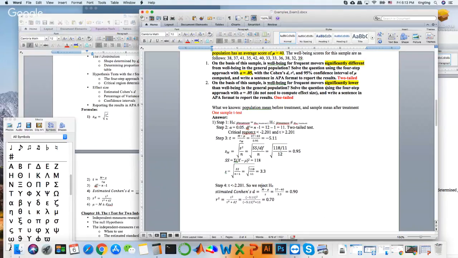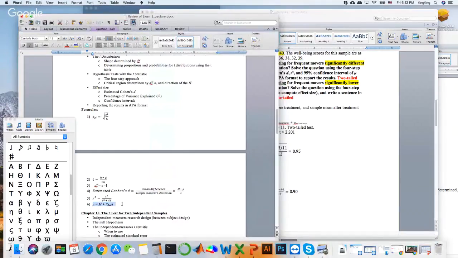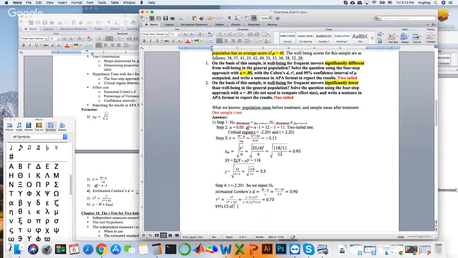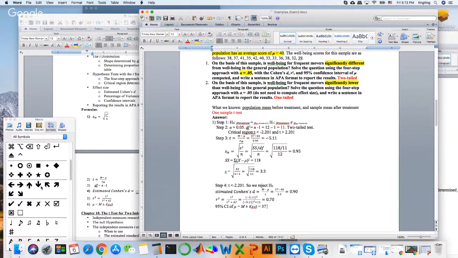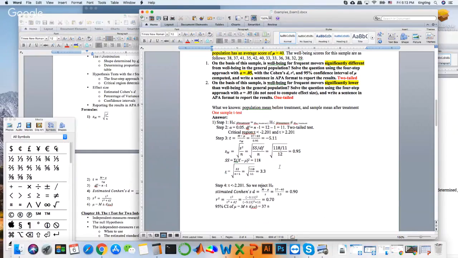And then we also need to compute the 95% confidence interval of mu. Here is the formula. So M we know, M minus plus. T we also know.